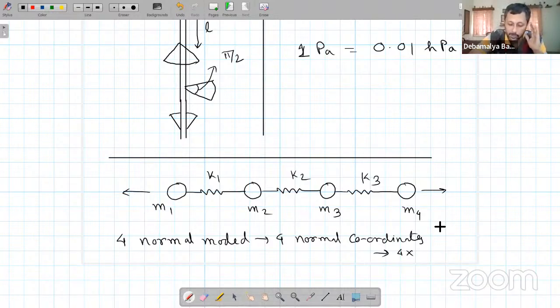So if there are 4 independent normal modes, and each will give you 2, altogether 4 into 2, that means 8 degrees of freedom. That means there will be at least 8 vibrational degrees of freedom of this particular system.